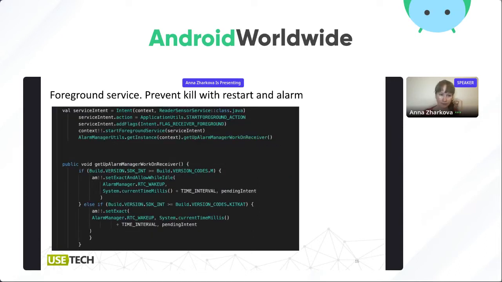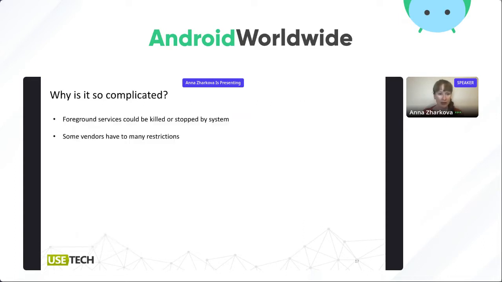So in such a way, we will receive several actions and several events and recreate our service first. Yes, it looks too complicated, and it was too complicated because all these services could be killed or stopped by the system, definitely.